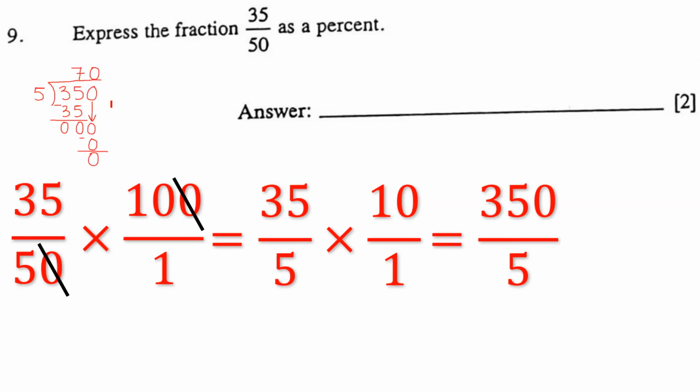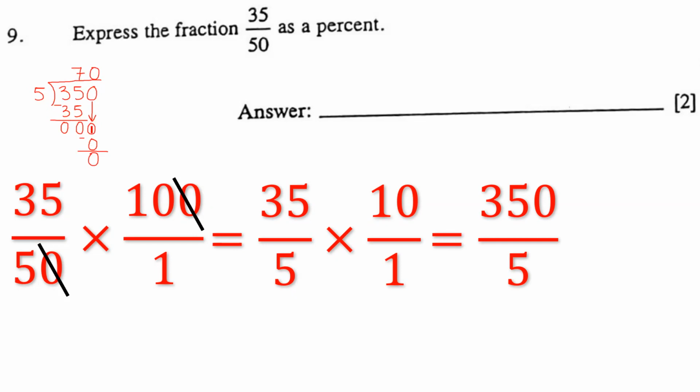Here we can do the division. We can say 5 goes into 35 7 times. So 5 times 7 is 35. 35 minus 35, we subtract that and we get 0. Next, we bring down the 0. We say how many times can 5 go into 0? 5 goes into 0 0 times. And so 5 times 0 is 0.